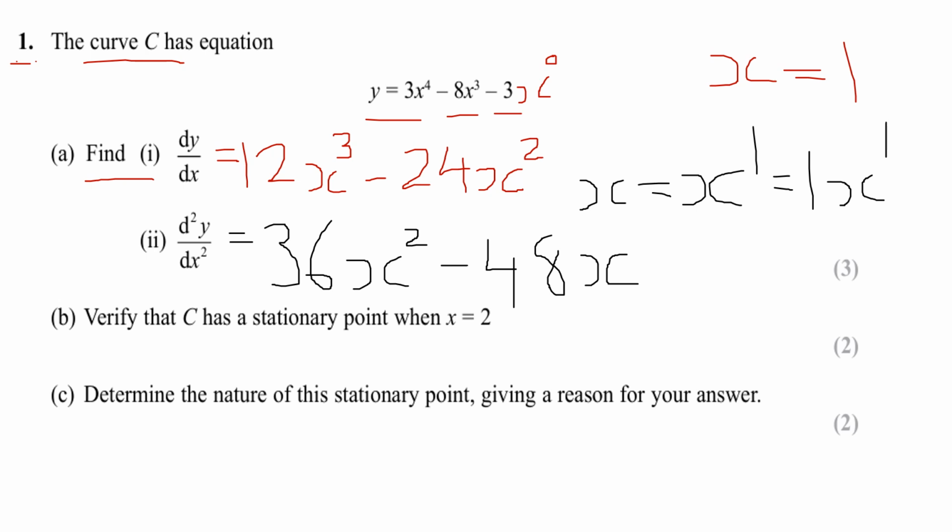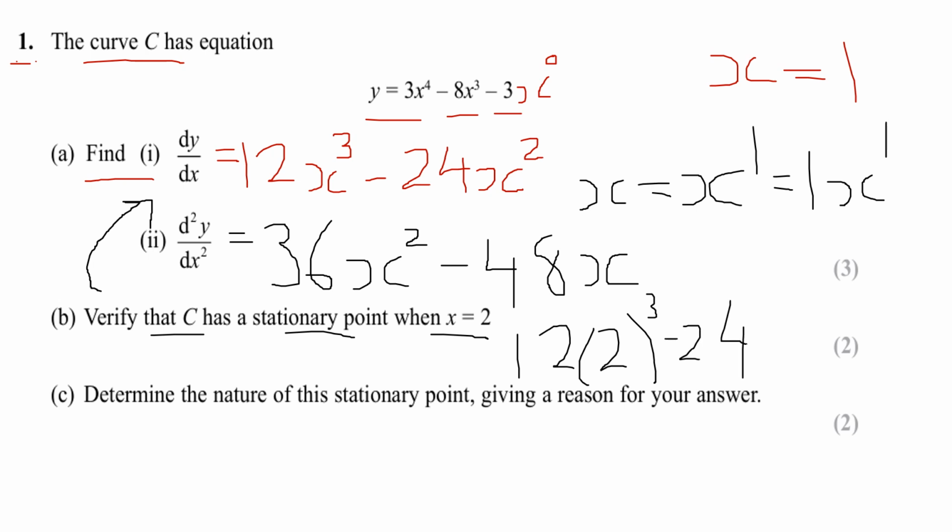Part (b): verify that C has a stationary point at x equals 2. This is when we set dy by dx equal to 0, or even better, we can sub x equals 2 into dy by dx and show that it's equal to 0. So you have 12 lots of 2 cubed, subtract 24 lots of 2 squared.